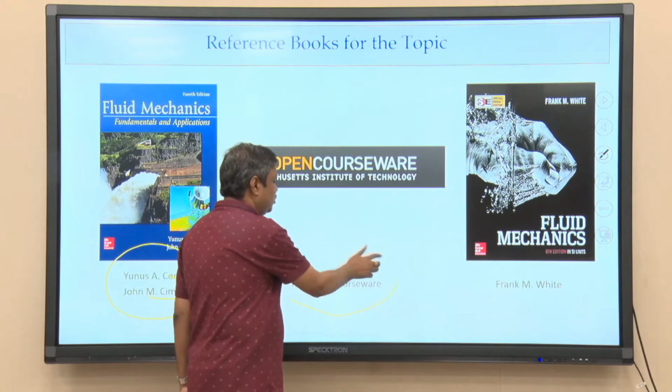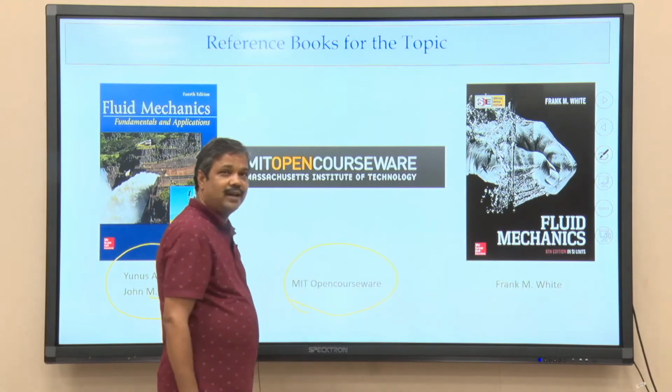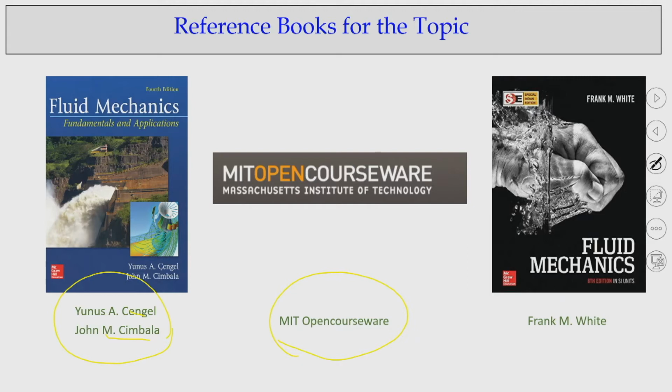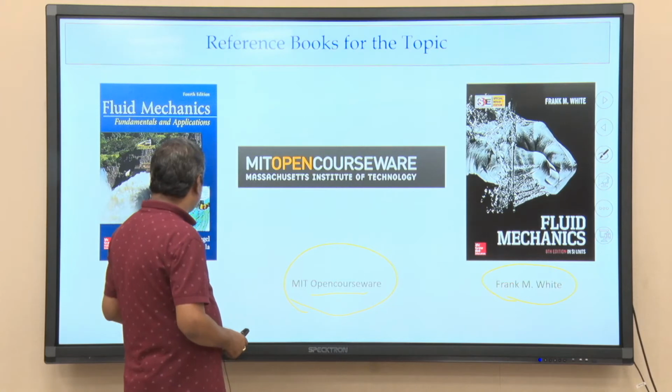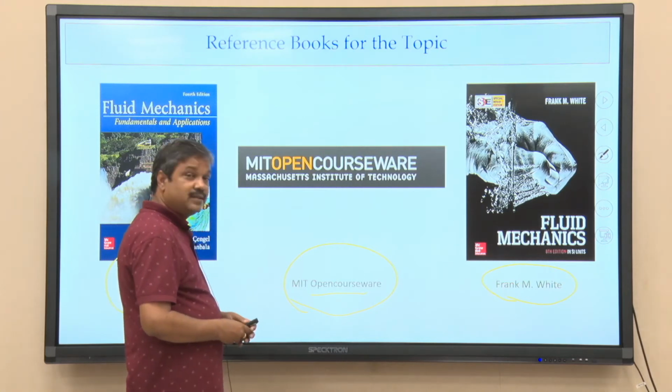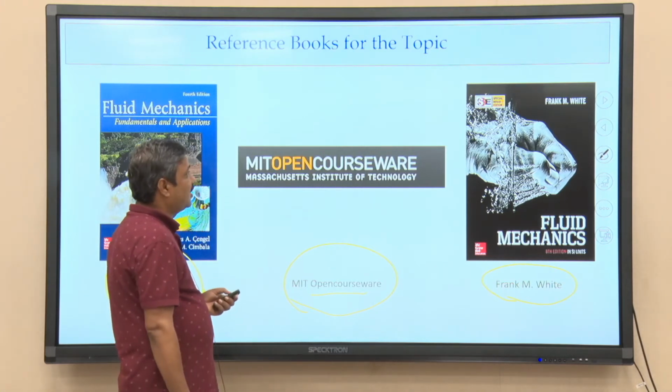For vector notation and vector operations in fluid mechanics, the best course available is on MIT OpenCourseWare, on fluid mechanics, and we are also going through the F. M. White book on fluid mechanics. These are three books you can always refer to in order to understand the Navier-Stokes equations.